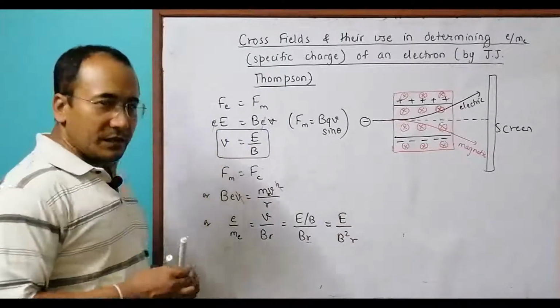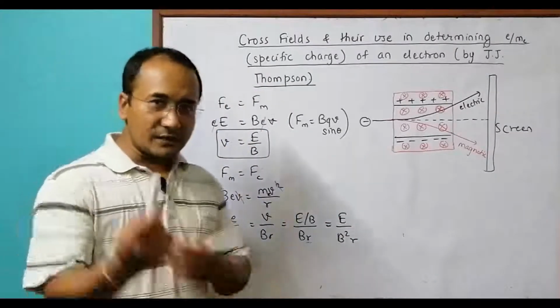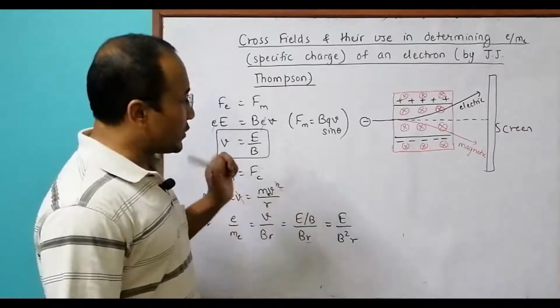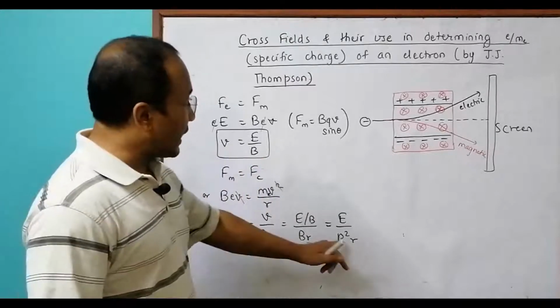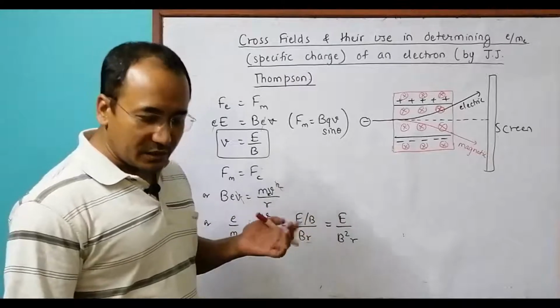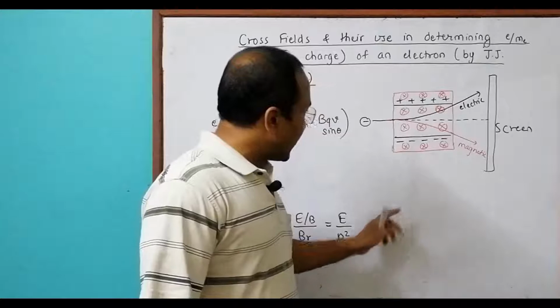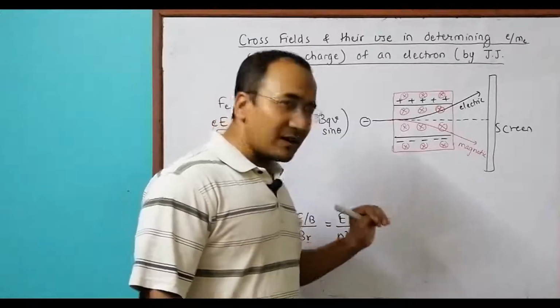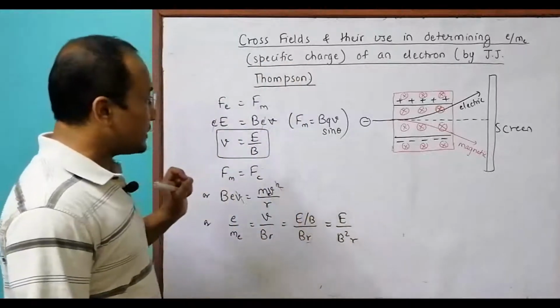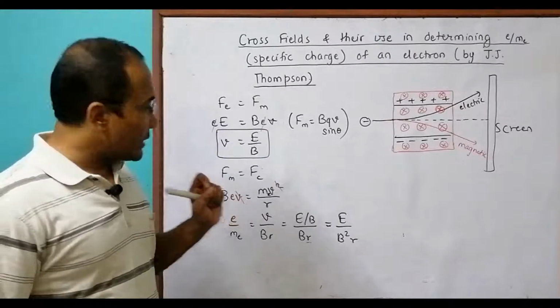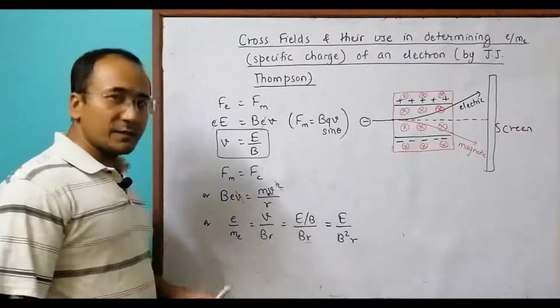The value of B can be determined by flux meters and several other devices. E can be known by the equation V by d, and r can be geometrically determined by drawing a normal here, and by knowing the radius and this angle. So this r can be known, and that gives the value of e by m_e.